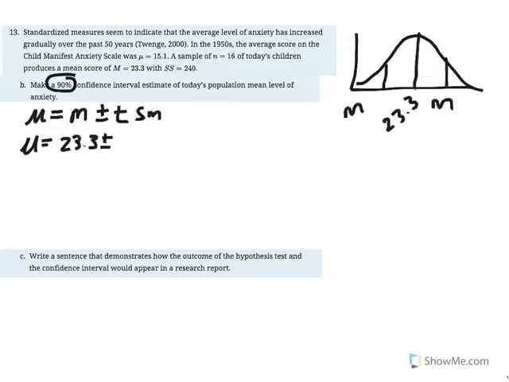In other words, if we reject the null, then this is a good representation of what we would anticipate the current day anxiety levels to equal, 23.3. But we're going to recognize that it's a sample, and that the true population mean is somewhere close to that. And so we're going to calculate that range.